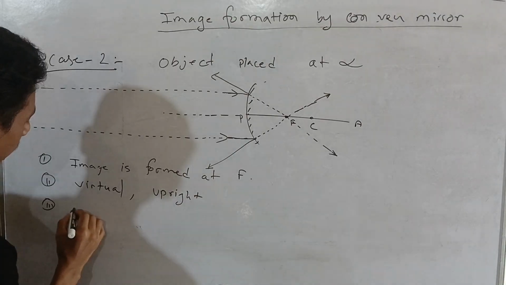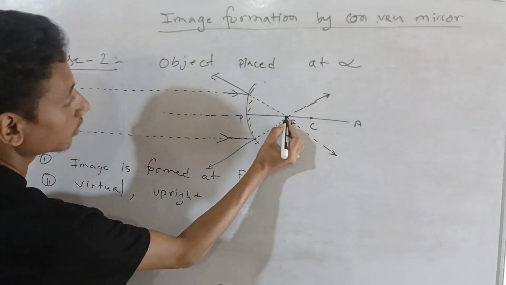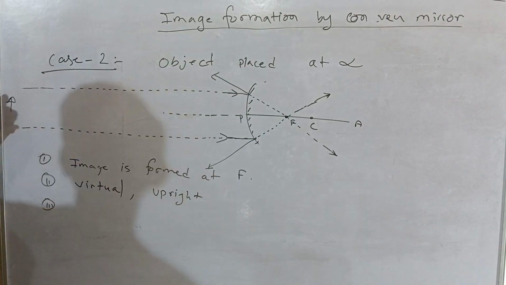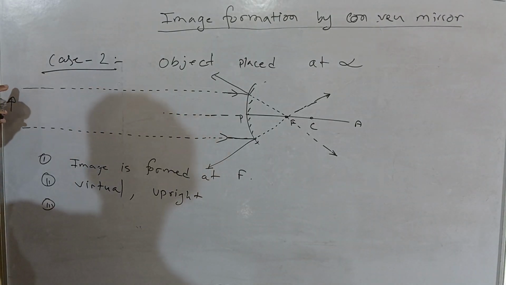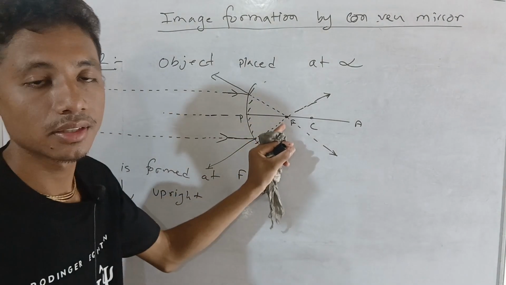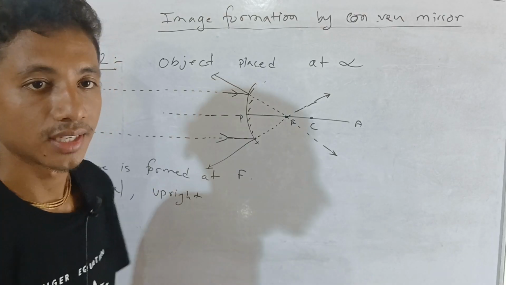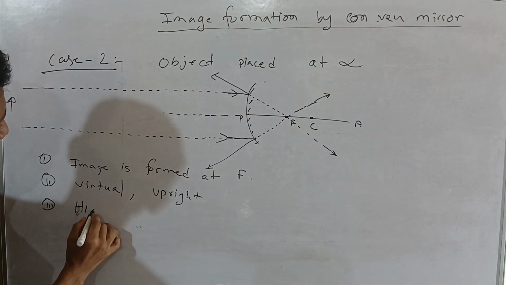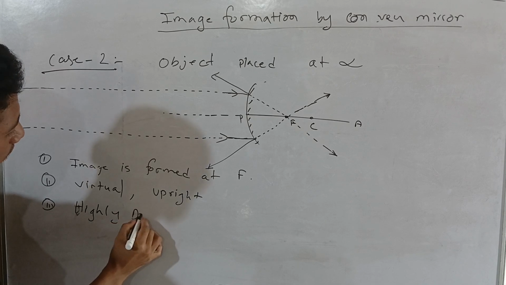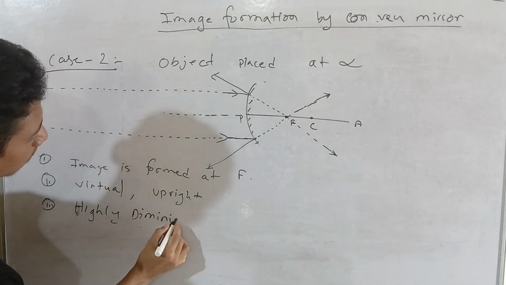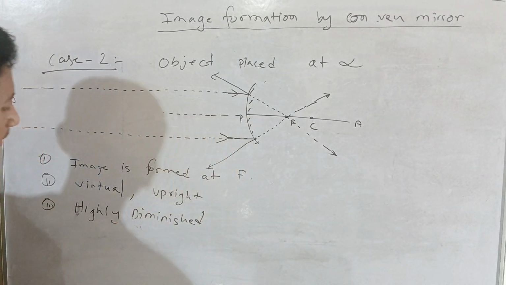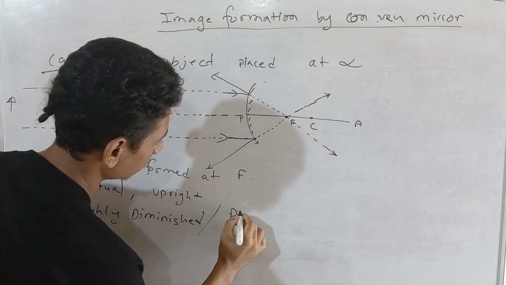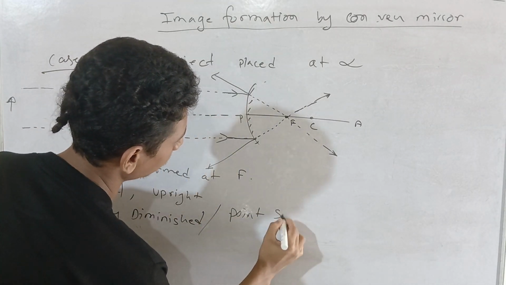Third, the image is highly diminished compared to the object. The object is very large, the image is very small, like point size. So highly diminished, or point size.